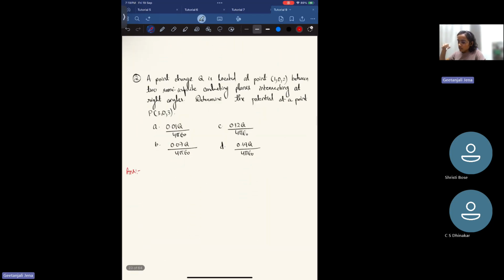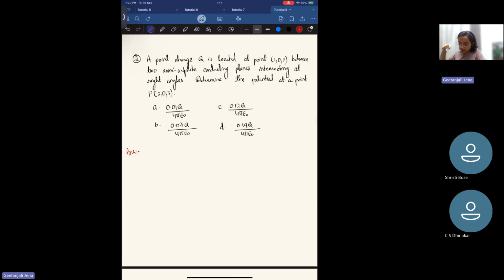Okay. So let us see our next problem. There is a point charge Q located at (1, 0, 2) between two semi-infinite conducting planes intersecting at a right angle.